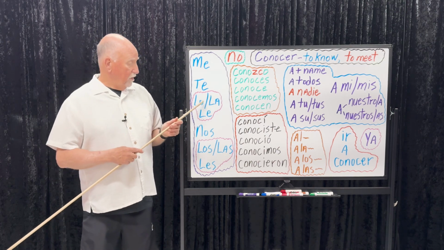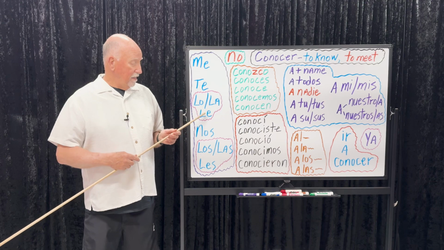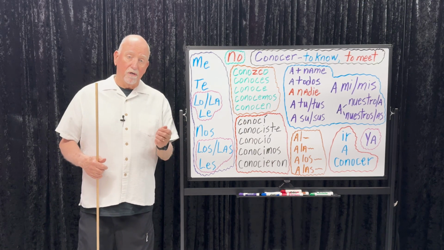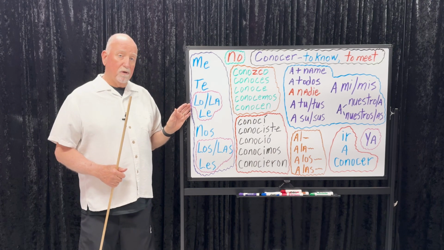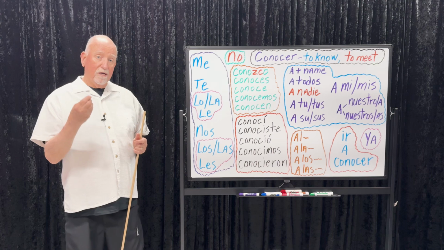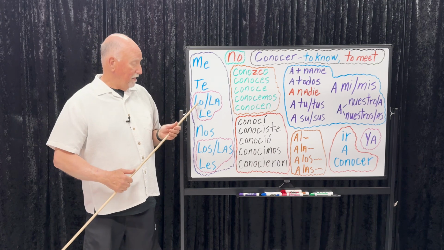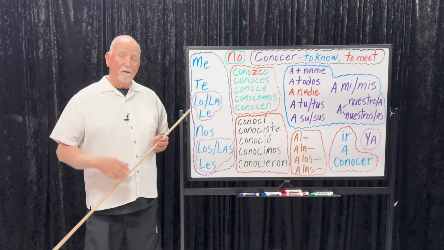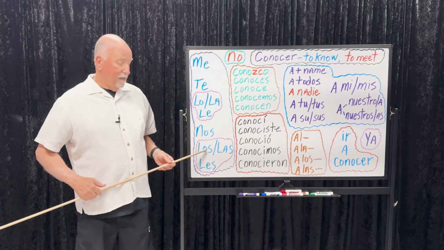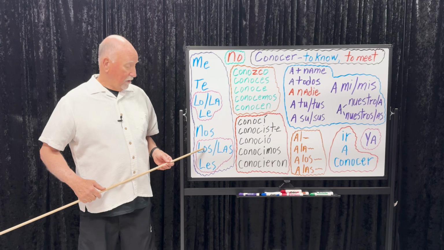Well, lo and la mean him and her, and le can mean, just this one word, le can mean him or her. These are called object pronouns, direct object pronouns, but that's not important. The important thing to know is that lo and la mean him and her, and le can mean both him and her. Los and las mean them, okay?